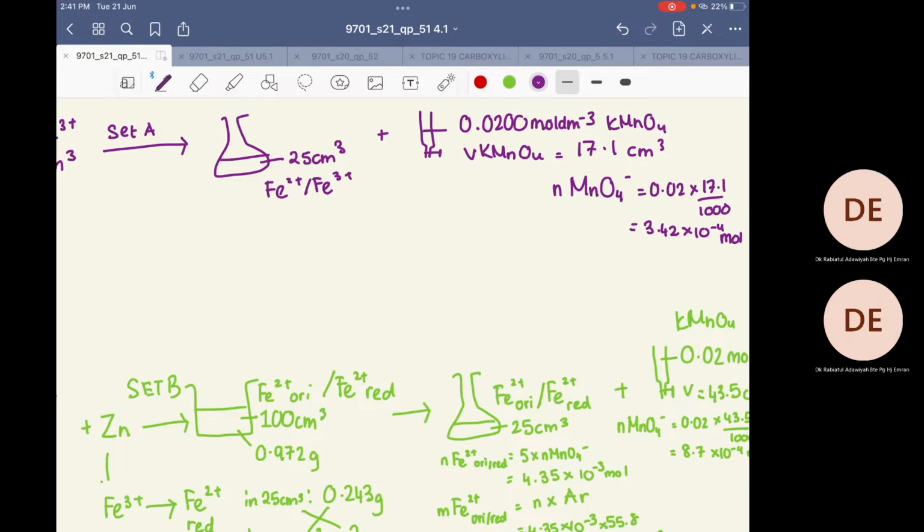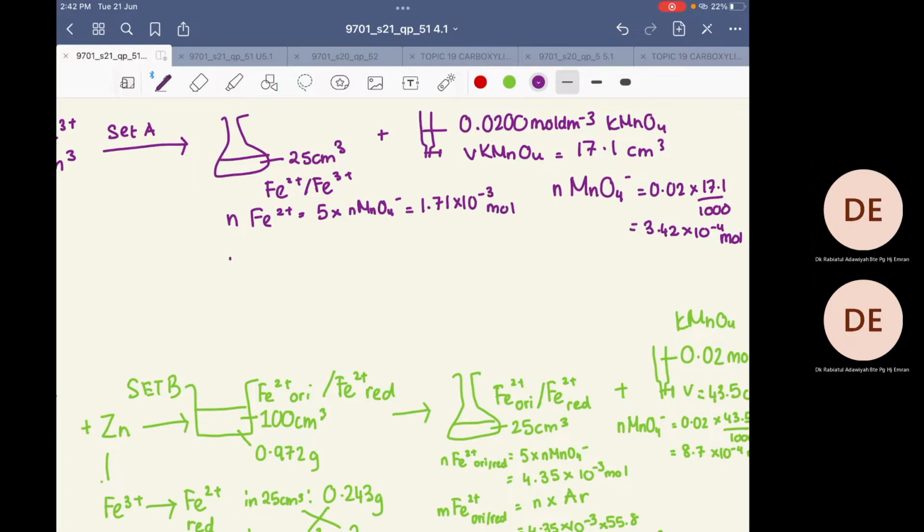But I'm not interested in manganate. I'm interested in the Fe2 plus. How do I find the number of moles of Fe2 plus? Mole ratio again, 5 times number of moles of manganate, which is 1.71 times 10 to the power of minus 3 mole.